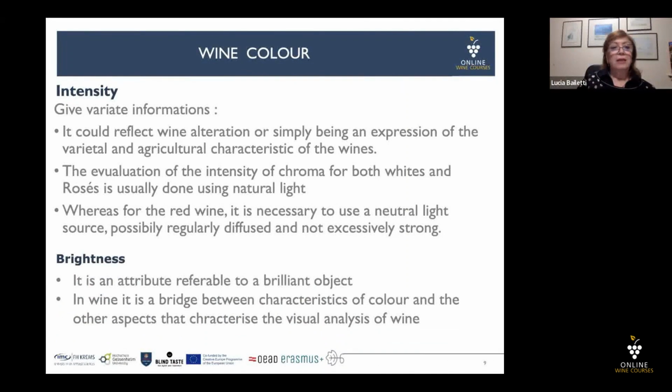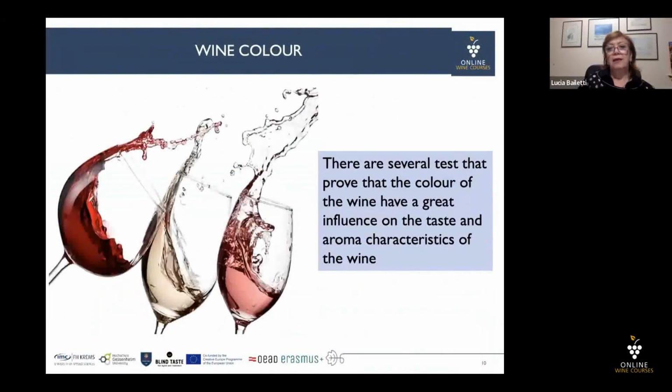Brightness is an attribute referable to a brilliant object. In wine, it's a bridge between the characteristics of color and the other aspects that characterize the visual analysis of wine. There are several tests that prove that the color of the wine has a great influence on the taste and aroma characteristics of the wine.